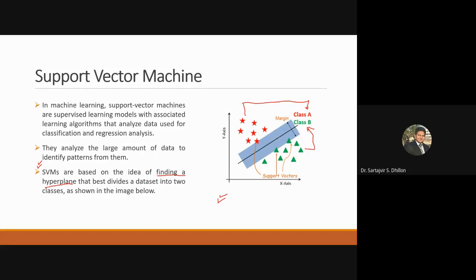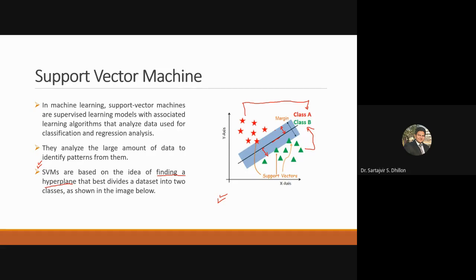This is your baseline, this is the maximum margin towards class A, and this is the maximum margin towards class B. How this margin is calculated is based on the intersection with some training samples.